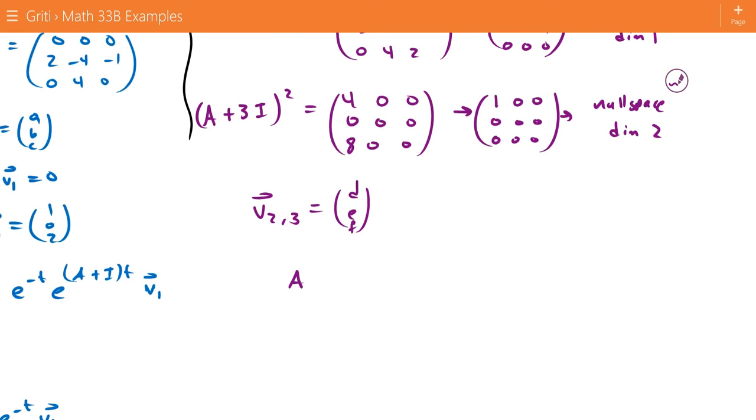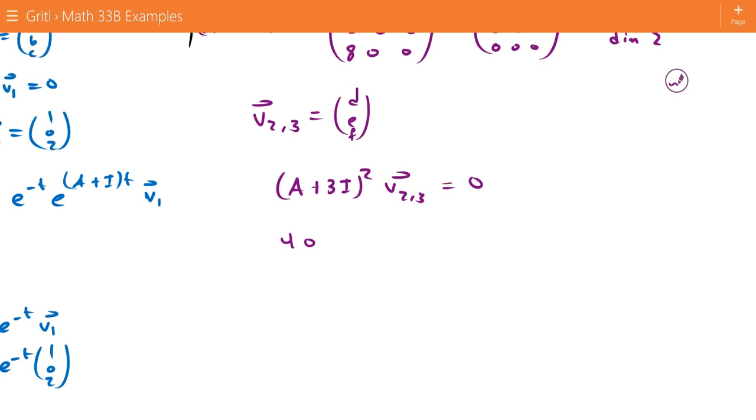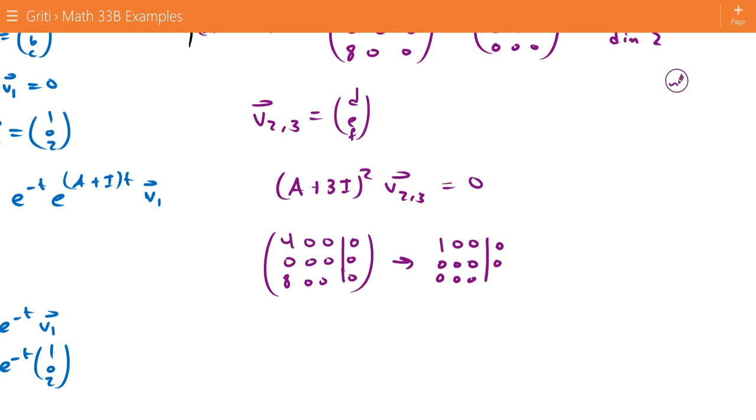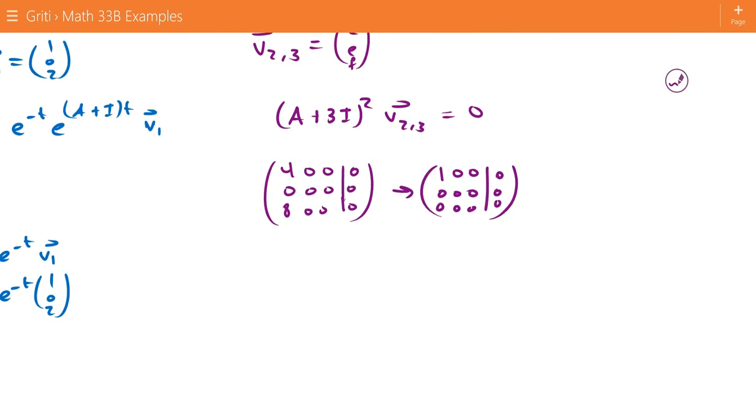And we want to find v2 and v3 such that (A plus 3i) squared times v2 and v3 equals 0. So this gives us this augmented matrix. Row reducing it, again we get 1, 0, 0. So that just tells us that our first component, d, equals 0, but e and f are free variables.